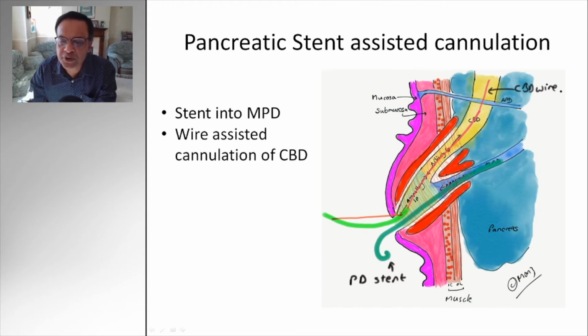The disadvantage of this method is once a pancreatic duct stent is placed, this orifice becomes rather narrow, and it may be difficult then to place the tip of your sphincterotomy in the common channel. It can be done, but it is quite a difficult procedure, and sometimes you may need to widen this gap with a needle knife, and I'll show you how to do that a little later in this talk.